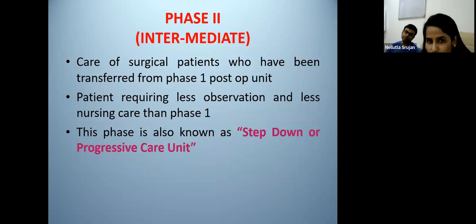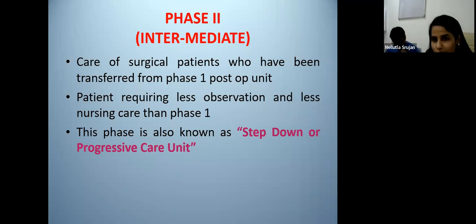Then coming to phase 2, we have the intermediate phase. This is for patients who have been transferred from the immediate phase to the post-operative unit, where the patient can have less intensive observations. Minute things have to be observed, for example vital signs.